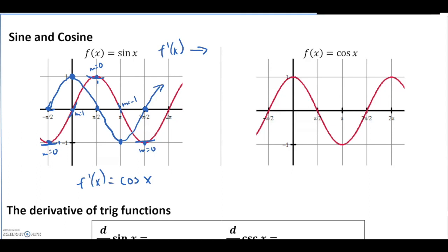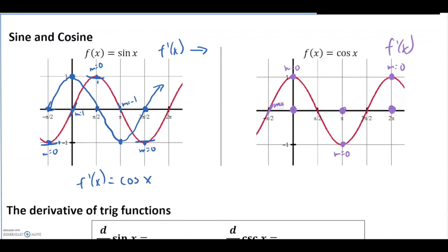Well, if that's the case, let's think about f of x equals cosine of x, a curve that is exactly the same as the sine curve except shifted. If I look, I can find a couple spots where I know the derivative will be equal to 0. Here's one, and here's one over here. And I can draw those in to start making my f prime function. Notice we've still got the same main spots where we can estimate the slope pretty well.